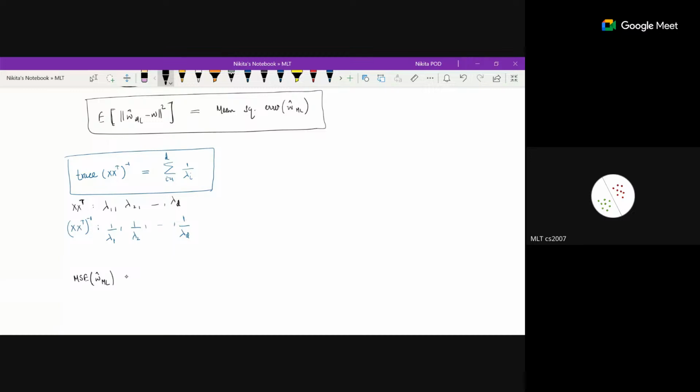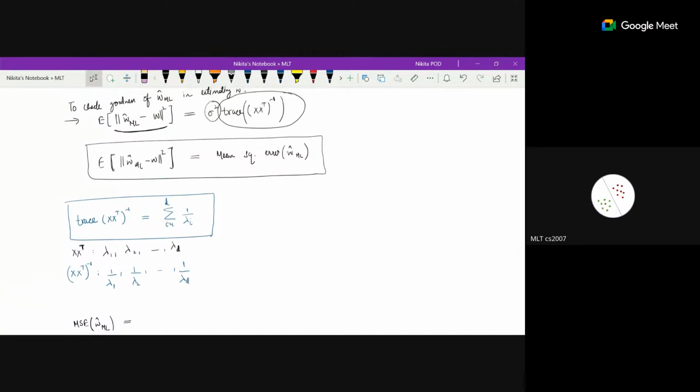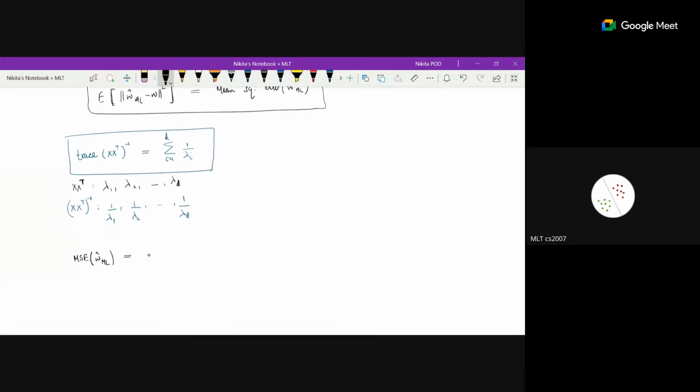For this linear regression problem, the mean square error for this W hat ML is sigma square times the trace of XX transpose inverse, which is sigma square times the sum over 1 upon lambda i, where i is varying from 1 to d. Now, can we reduce this mean square error further in some way? This is our next goal.